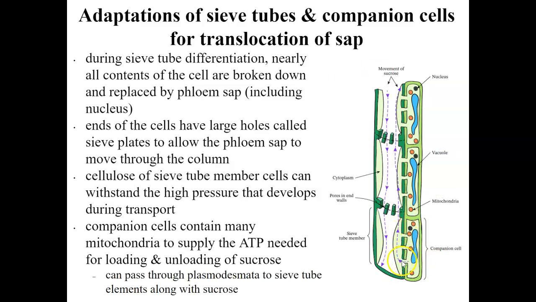They're typically large plasmodesmata, because the companion cell is constantly feeding the sieve tube member whatever it needs: proteins, ATP energy, carbohydrates, whatever it needs gets transported from the companion cell to the sieve tube member.